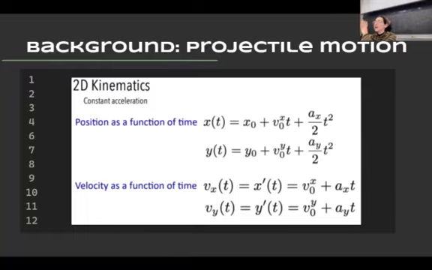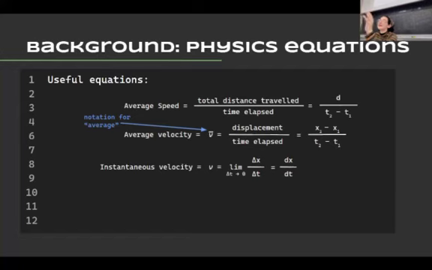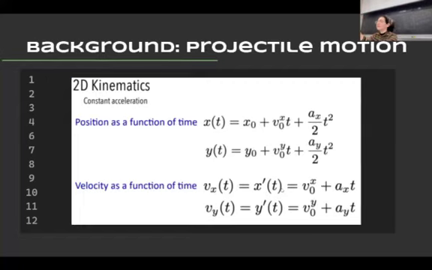So position as a function of time is usually given by that first equation. That's just a known equation. We're not going to derive it quite yet. And then the same thing for y, and then velocity as a function of time. It's a similar thing, just looks like the derivative of that. Does that make sense? Because the velocity is a derivative of the position as a function of time, which is this last equation. Does that make sense?